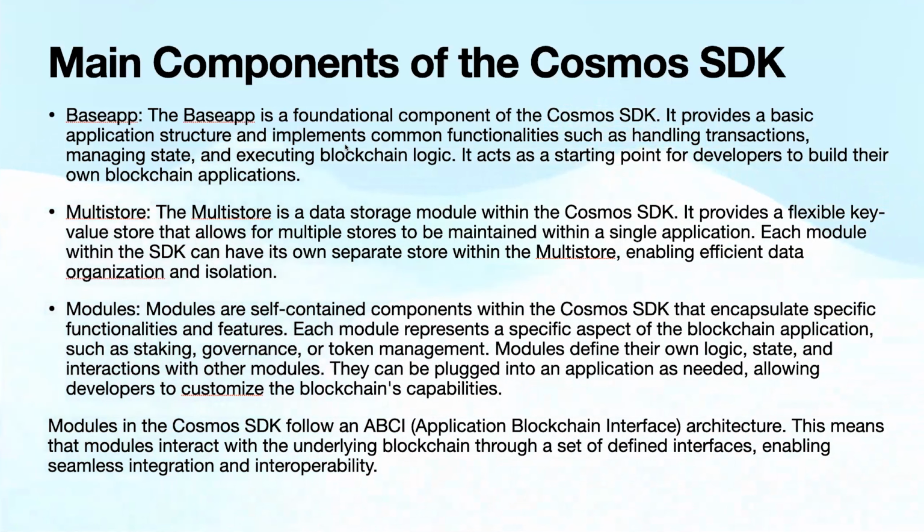Managing state has to do with how transactions get added to the blockchain. So once I get there, I'll be explaining it again. Just as of now, understand the base app has some functionalities, and it allows you to handle the transactions. You don't handle it, the blockchain handles it, but it handles the transactions, it handles the state, and it executes the logic. So these three are very related.